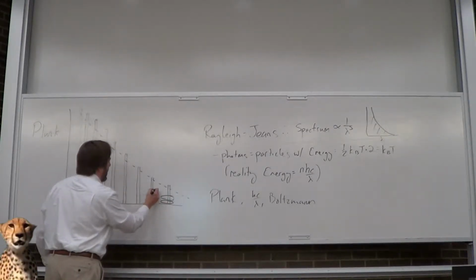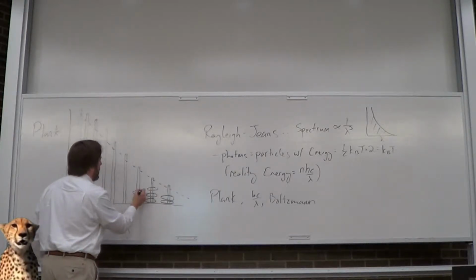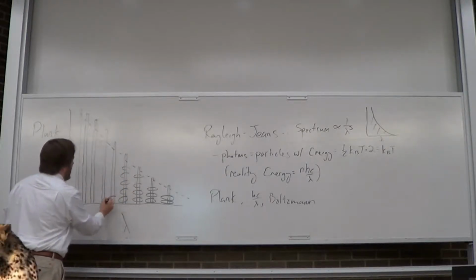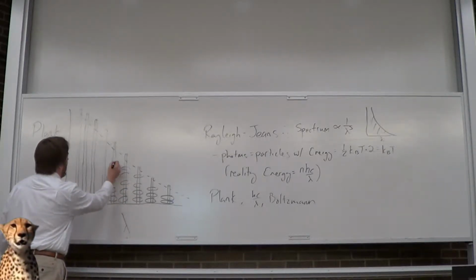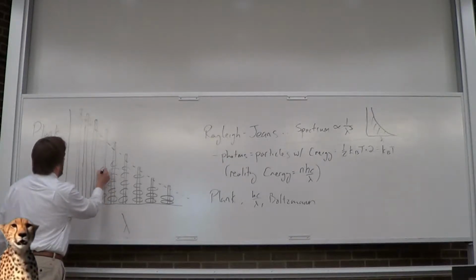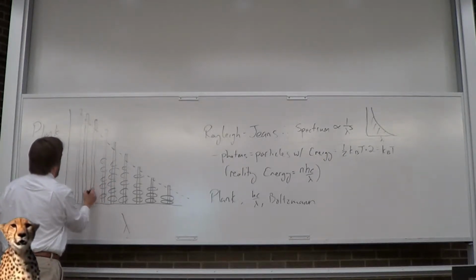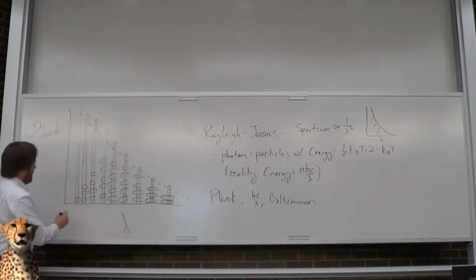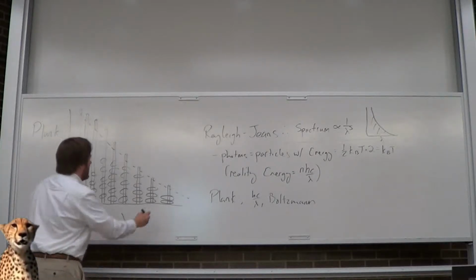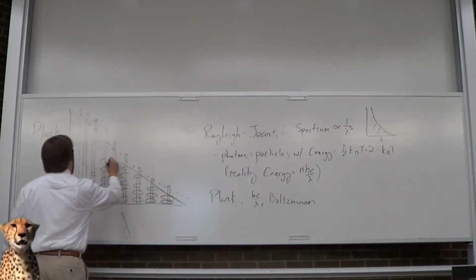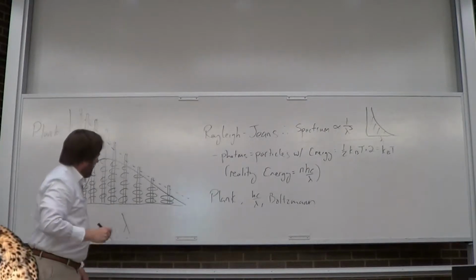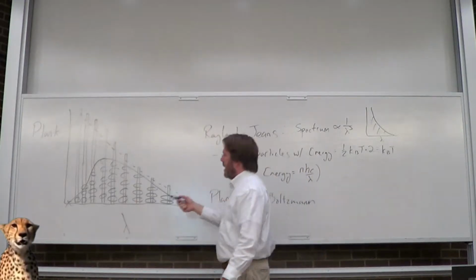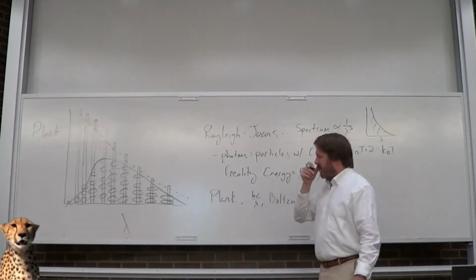The Boltzmann factor adds a certain number of rings, but what it does is when you get to higher and higher energy, it actually goes back down. The Boltzmann factor kills it. And then no more. So the Planck distribution actually looks like this. That's reality. When we look at the spectrum of the sun or a light bulb, we get the Planck distribution. Again, I'm not drawing that very well.